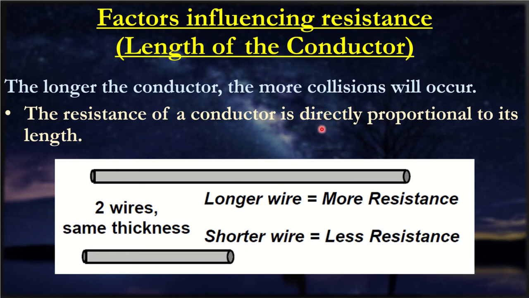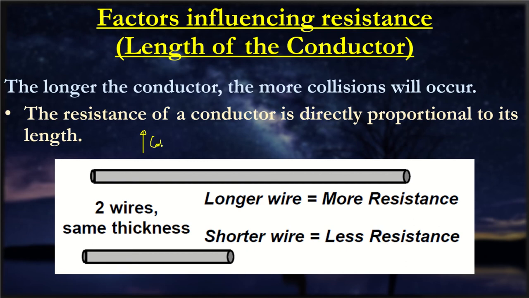So there are other ways that we can actually increase or decrease the resistance of something going through a wire. One of the ways of doing it is actually the length of the conductor. So the longer the conductor is, the more collisions will occur, hence we have a greater amount of resistance. So think about it this way, some people might hear the concept of collision theory.